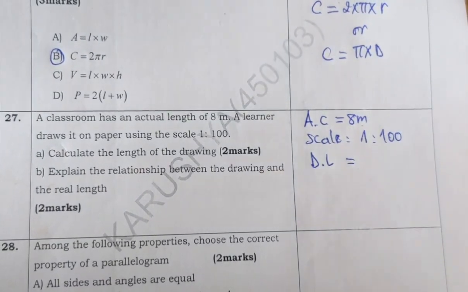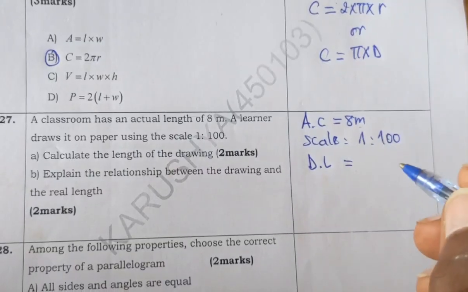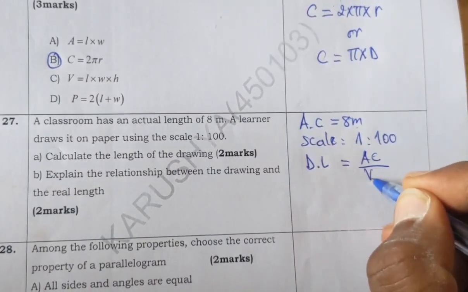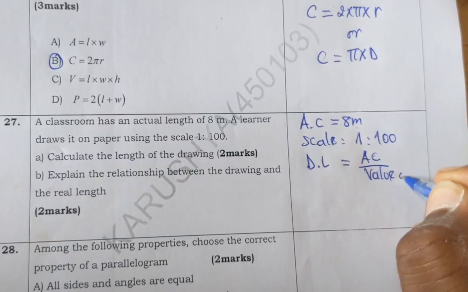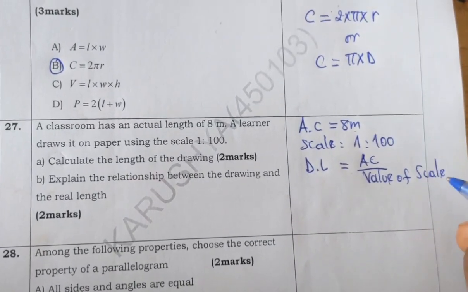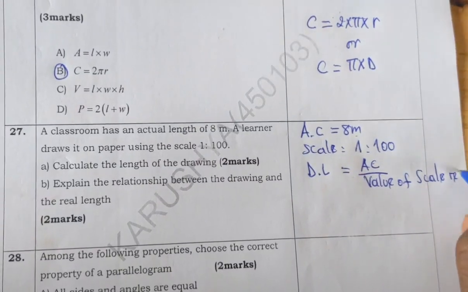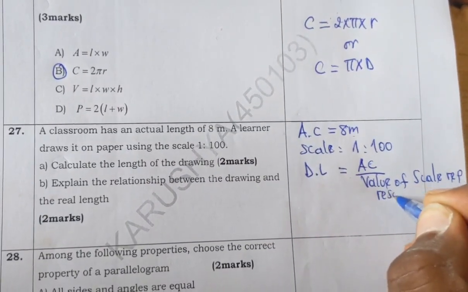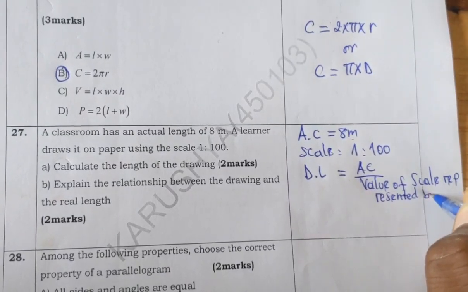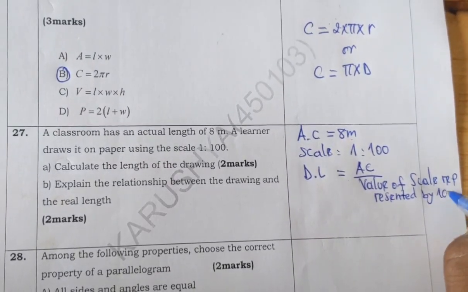here the drawing length is equal to the actual length over the value of scale, but represented by 1 centimeter.